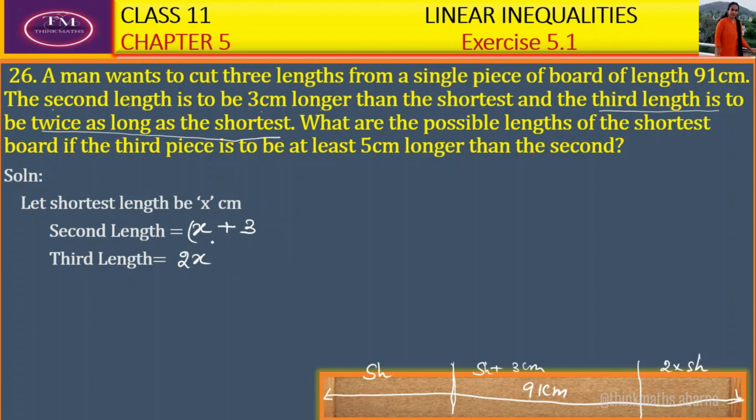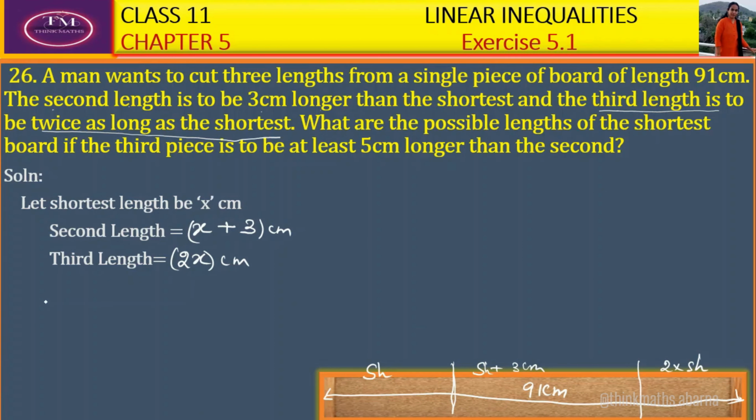So it is 2x. So these are the length of the board. So the man cuts using this length. Addition of all these lengths should not exceed 91 centimeter, because he is cutting this board whose length is 91, so it should not exceed 91.